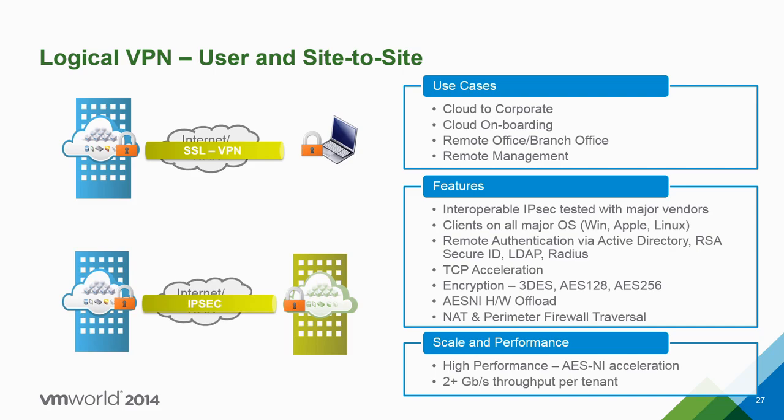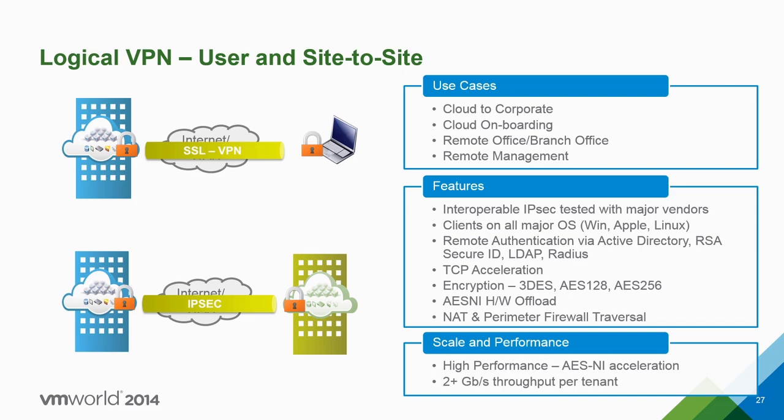Or we support site to site, so branch office to data center, the typical case, with IPsec between the two. And magically, the branch offices have access to resources in the data center. So nothing new there. We support them both.